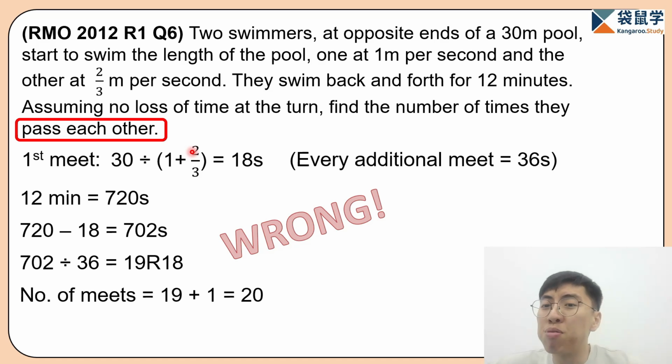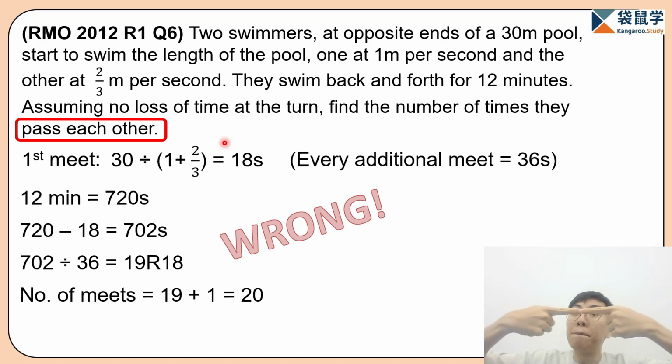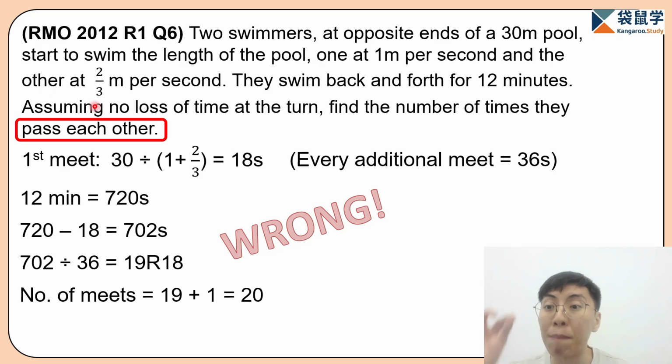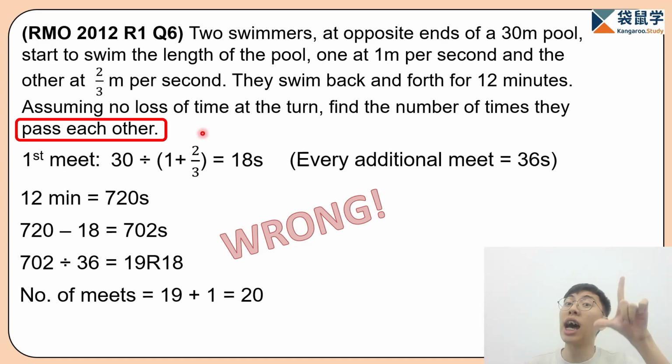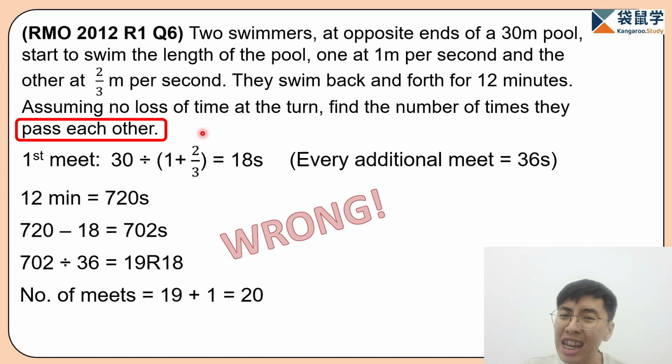Well, in our previous part, we have only been dealing with them meeting each other from the front. But when the question is talking about passing, that's another case where they pass each other from the back. That is not considered when we do it this way.